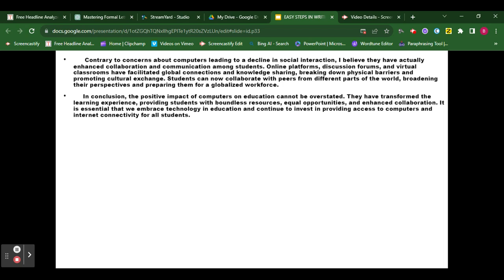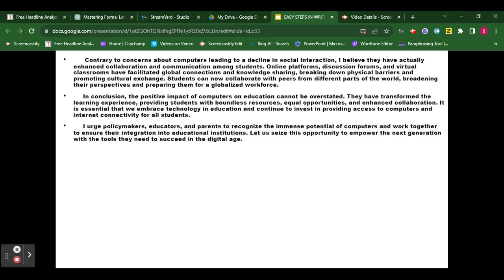It is essential that we embrace technology in education and continue to invest in providing access to computers and internet connectivity for all students. I urge policymakers, educators, and parents to recognize the immense potential of computers and work together to ensure their integration into educational institutions.